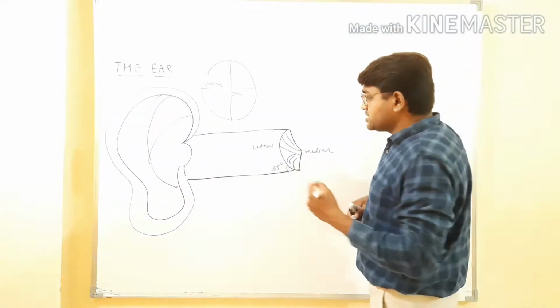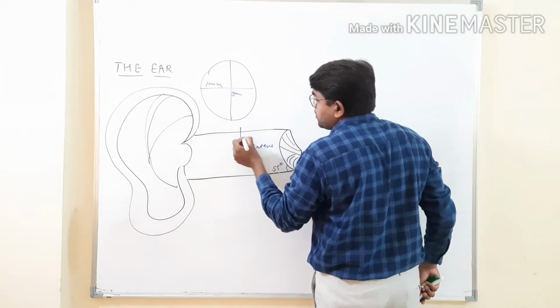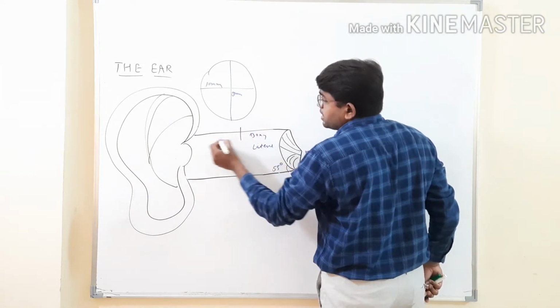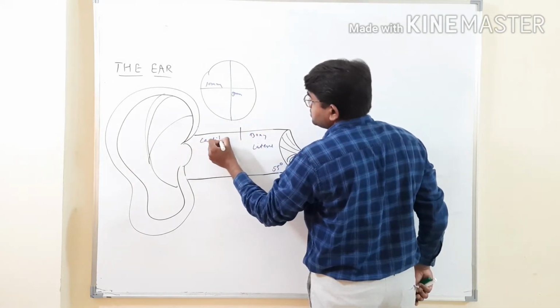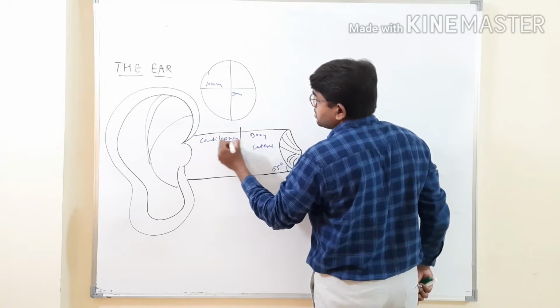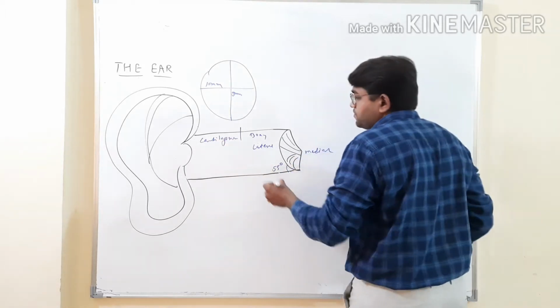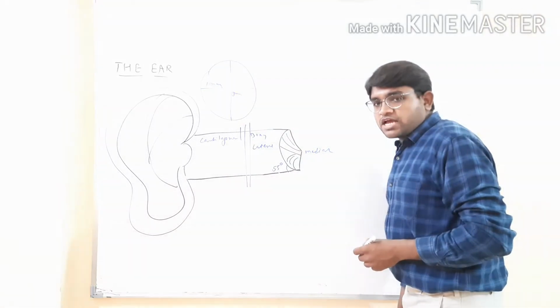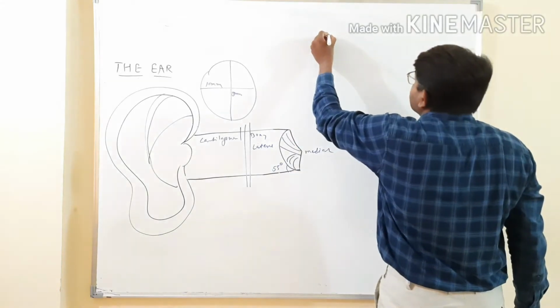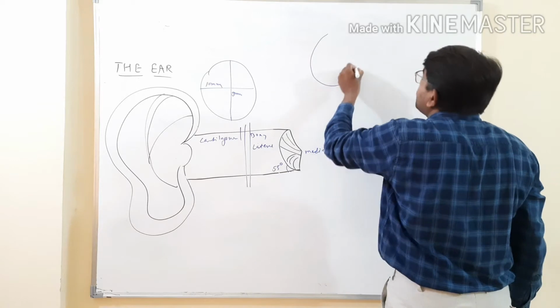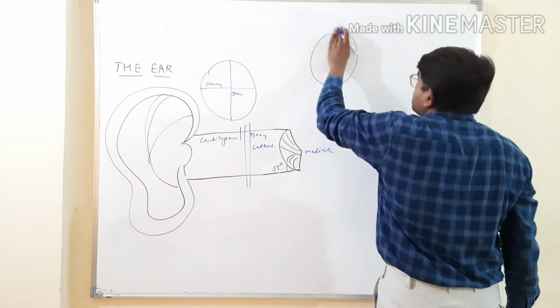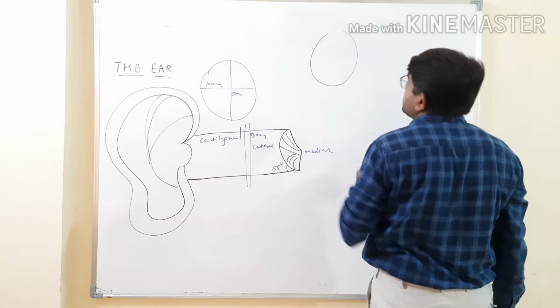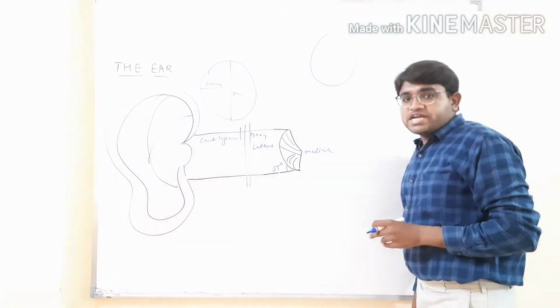We have already discussed that the meatus is formed by the bony and the cartilaginous part. If we see a cut section of this external acoustic meatus, it is not completely ring shaped, but from the superior side it is deficient.